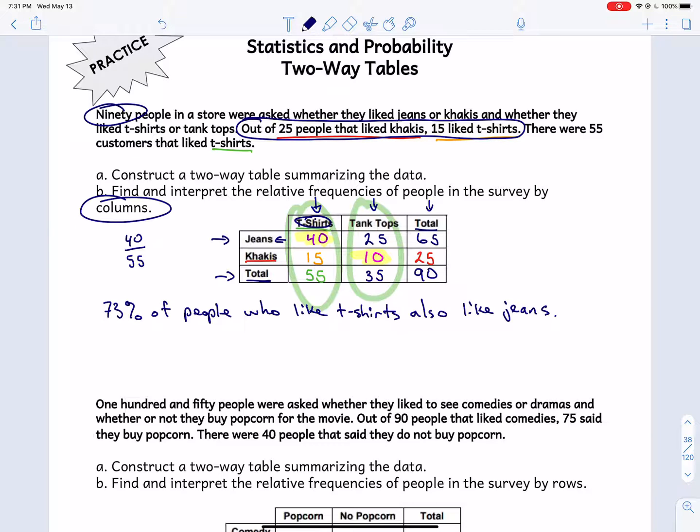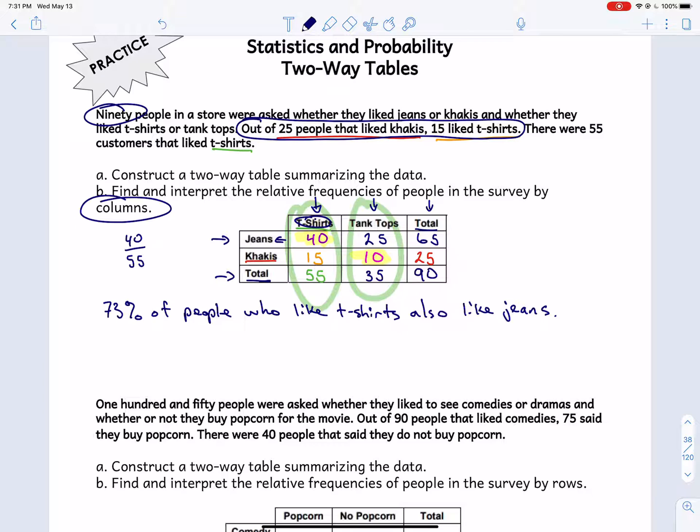The thing is, we just had to list the heading of that column first. So that's why we say t-shirts first. And then we talk about what that number means out of that column, and it is referring to the number of people that like jeans. So 73% of the people who like t-shirts. So there's 55 people that like t-shirts, and 40 of them, so the majority, also like jeans.